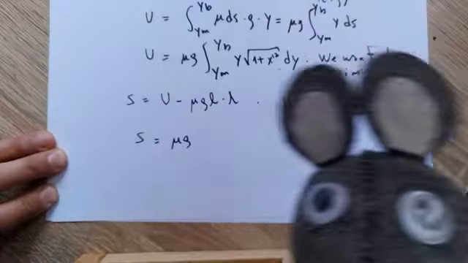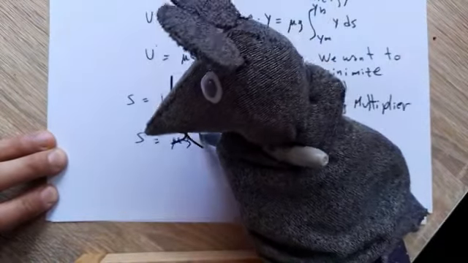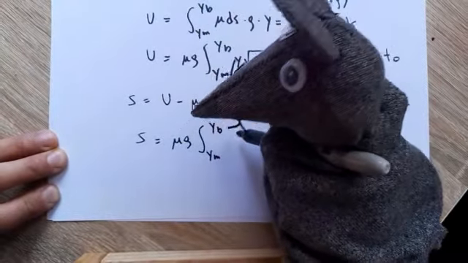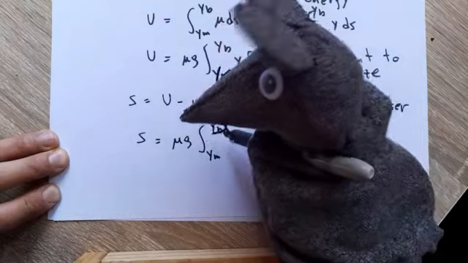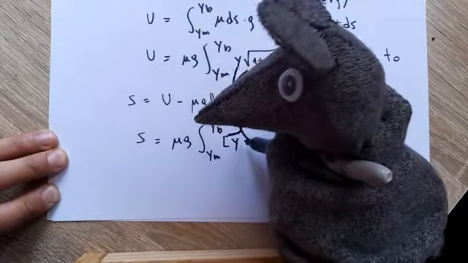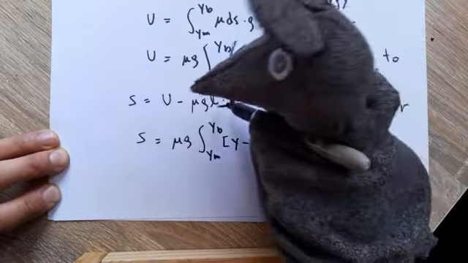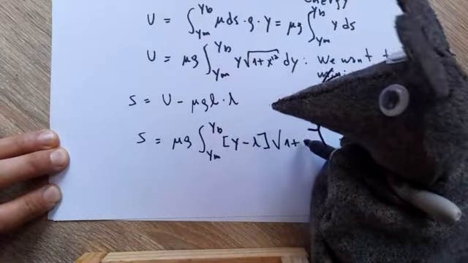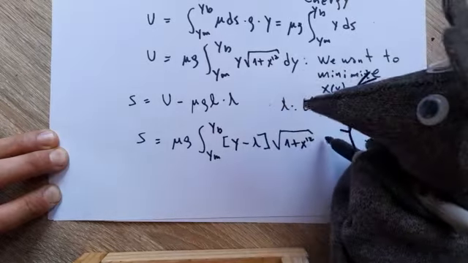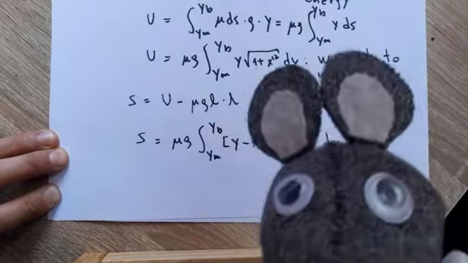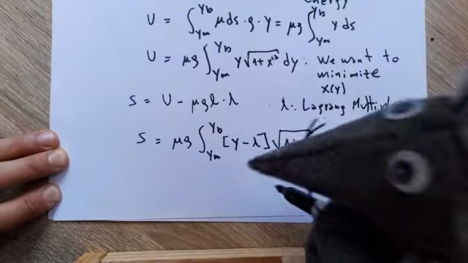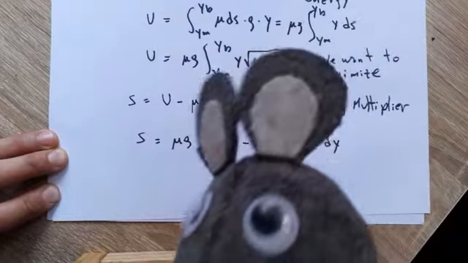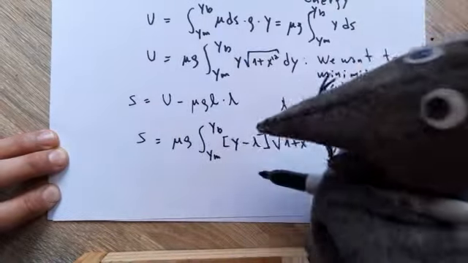S is mu g times the integral from ym to yb of y minus lambda times the square root of 1 plus x prime squared dy. Now we are ready to go, because from this action we can get the Lagrangian.